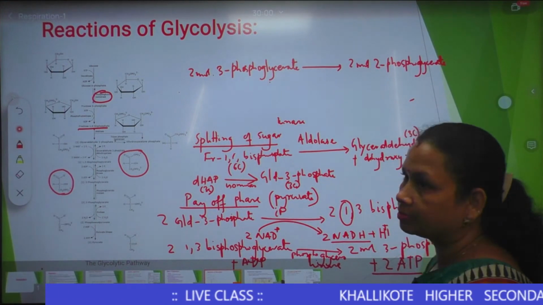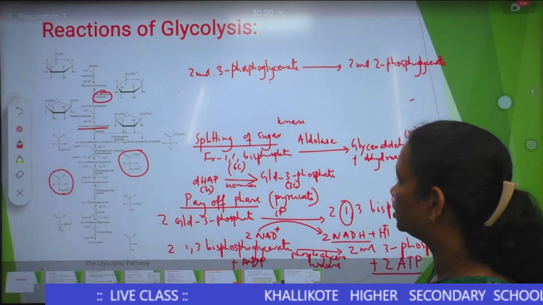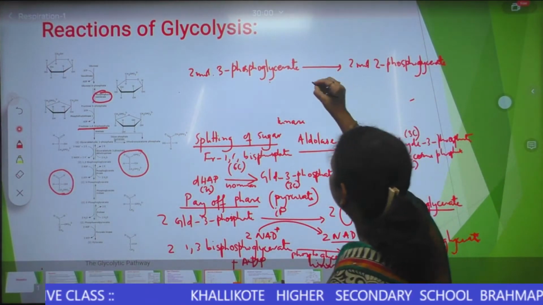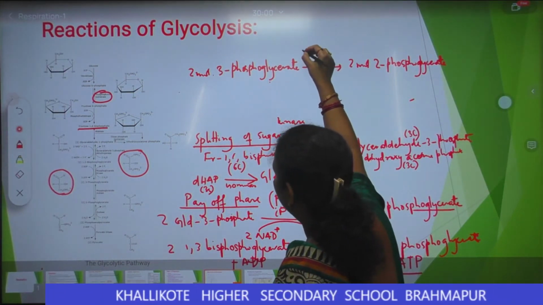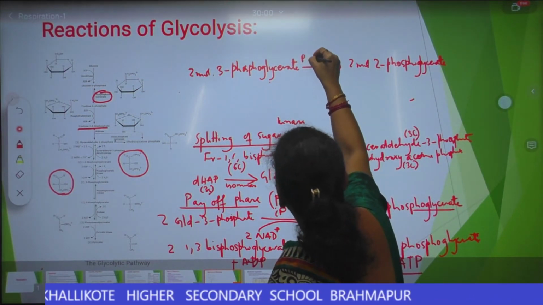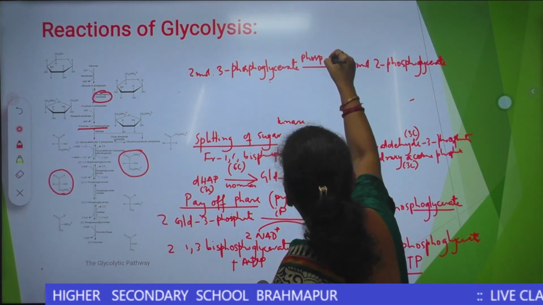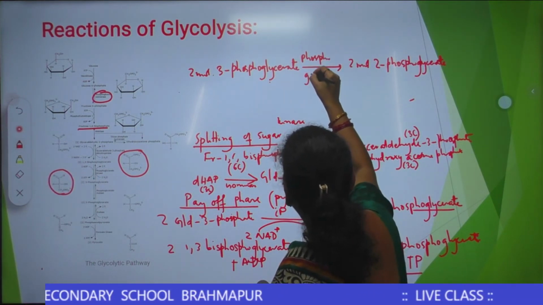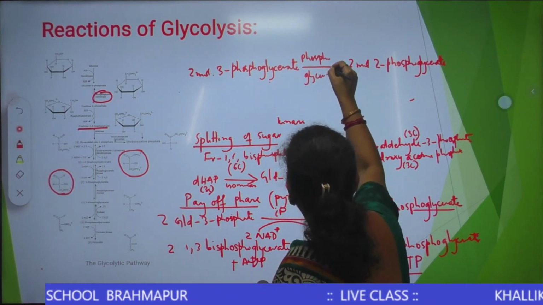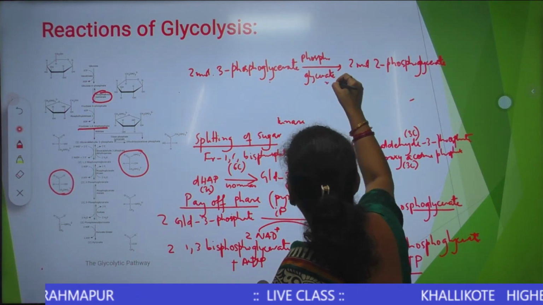So, it will become 2 molecules of phosphoglycerate. So, here the enzyme is phosphoglycerate mutase.